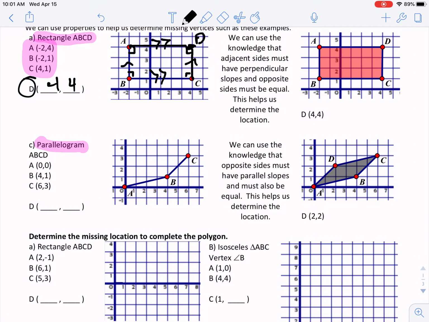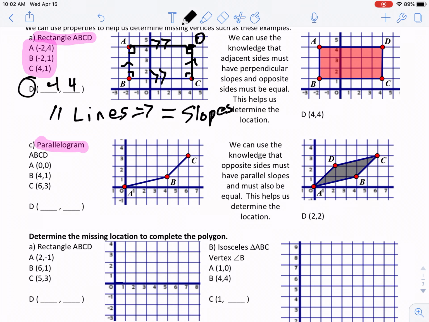Since BC is going this way, going up, we know it has to go up at that kind of slant, so it has to be somewhere over there, a general good first idea. But how can we tell if it's truly parallel? Well, earlier in the year, we talked about parallel lines having the same slope. So if we have parallel lines, that means we have equal slopes.